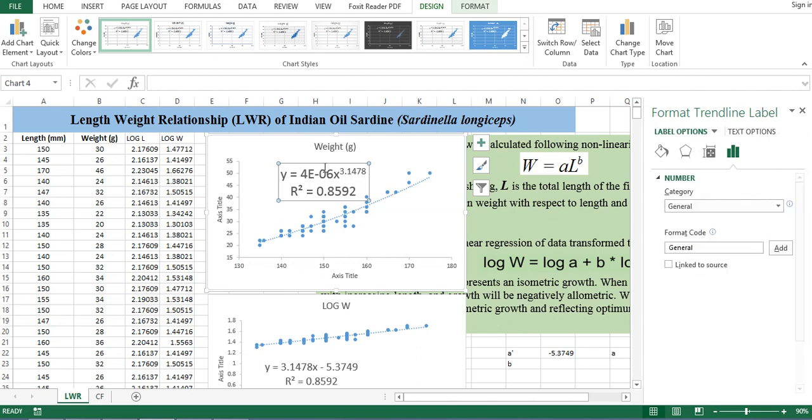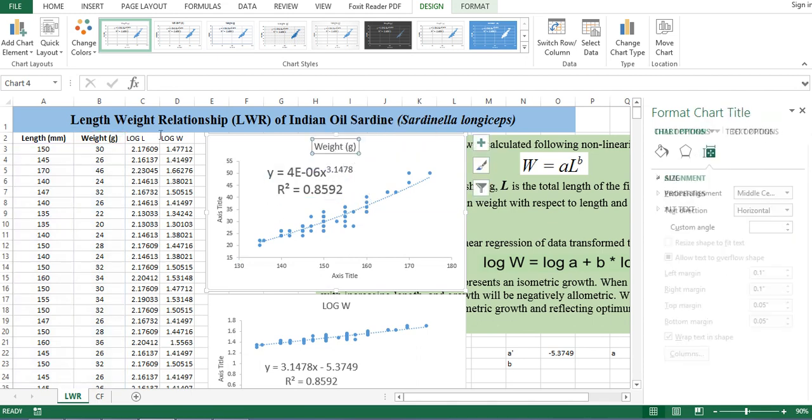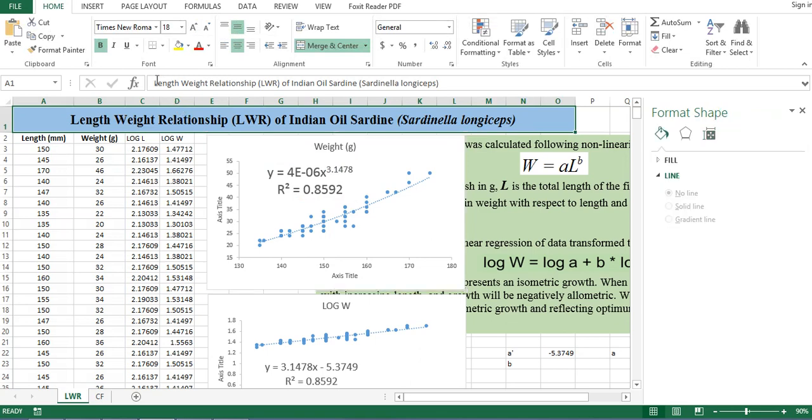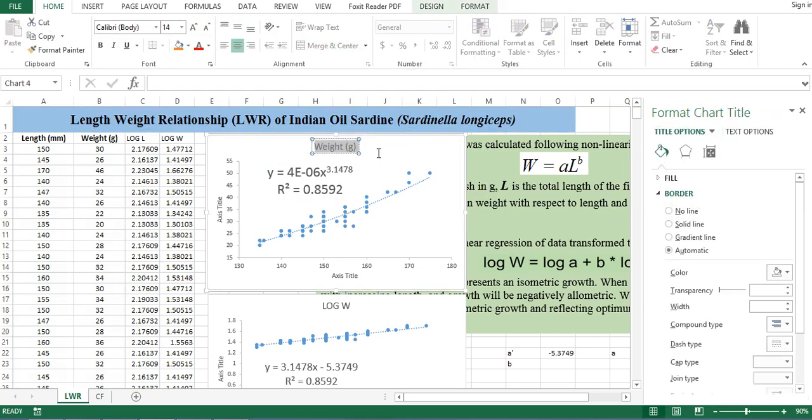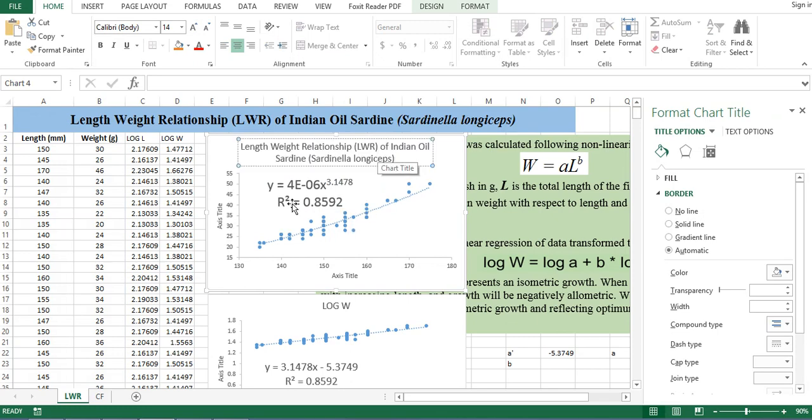Okay, and you put the title. So the title is the same as this one, length weight relationship of, yes, and you put the axis title.